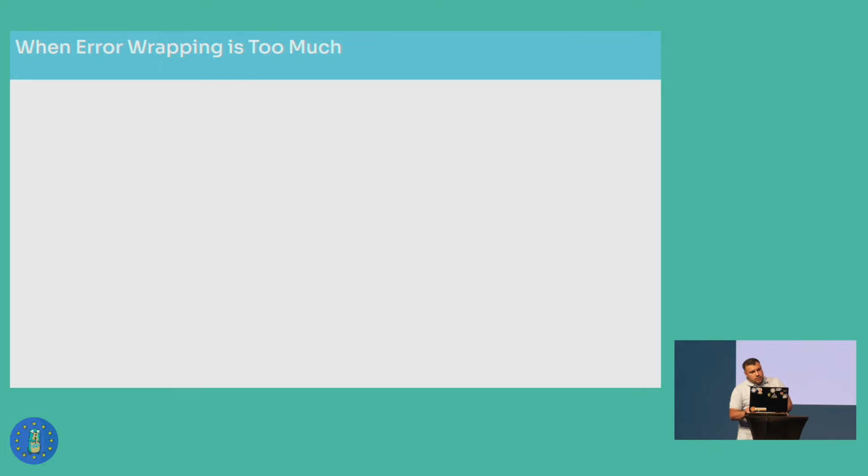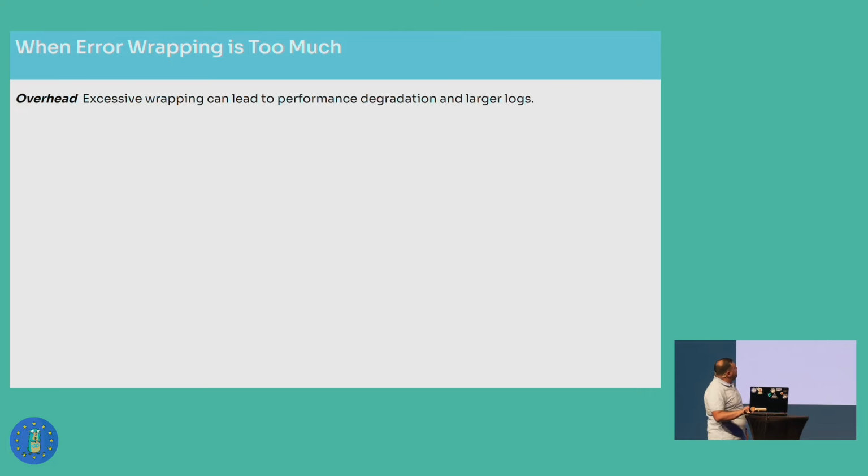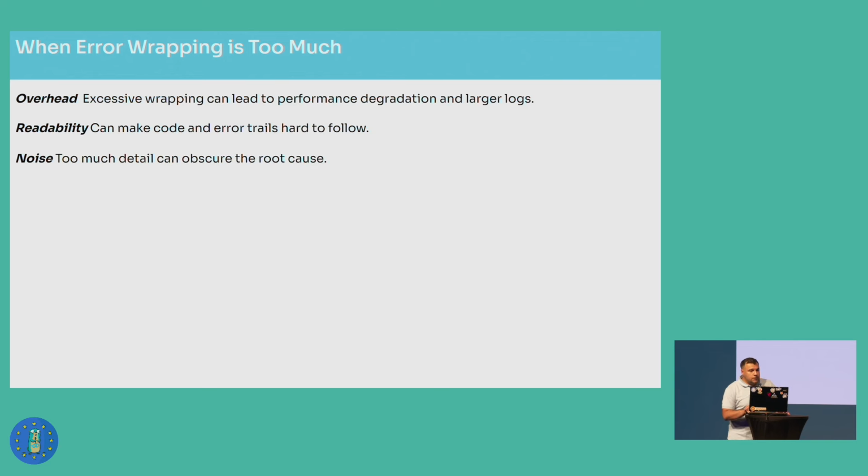When error wrapping is too much, it has its benefits, but it also causes overhead. Excessive wrapping can lead to performance degradation and large logs. It also makes logs hard to read and follow. Too many details can create noise, making it difficult to pinpoint the actual problem when we are debugging our program.